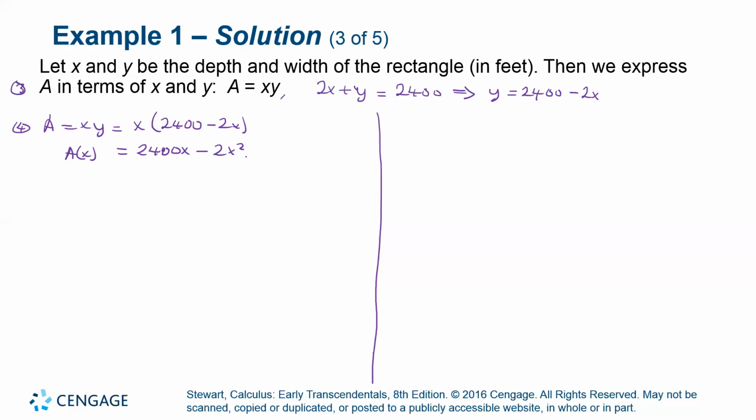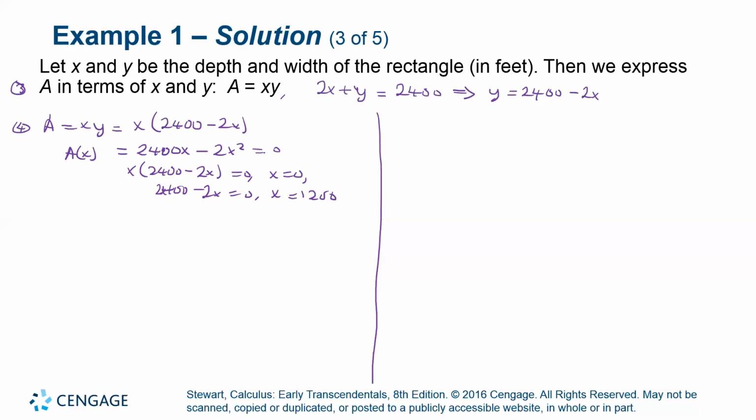Then what's the domain of this? If you set this to 0 and factor x out, you get x equal to 0, and then 2400 minus 2x equal to 0 gives x equal to 1200.